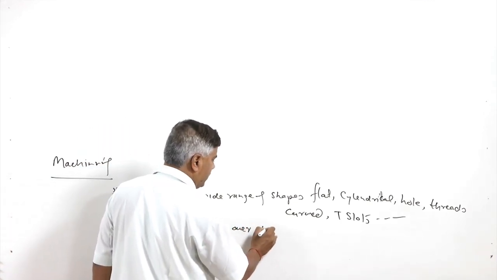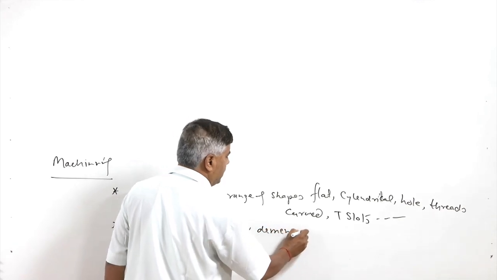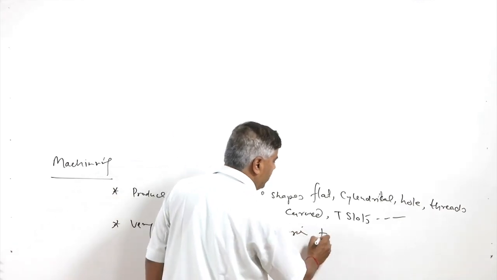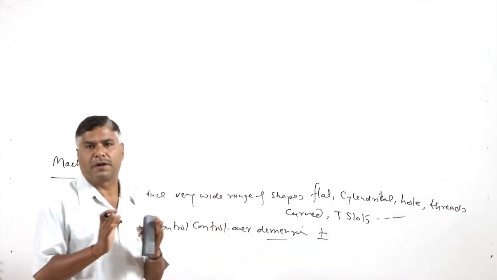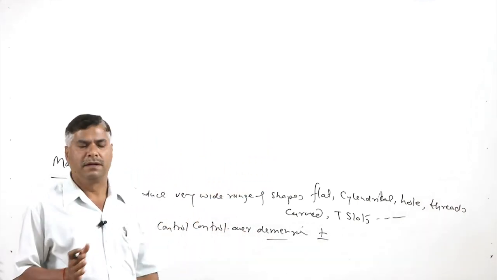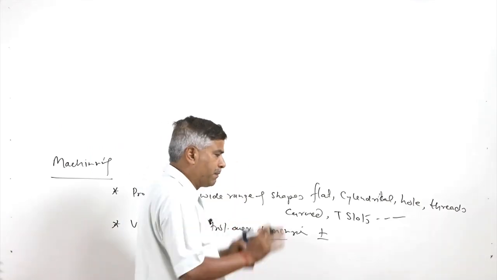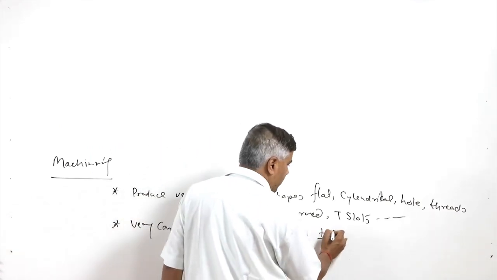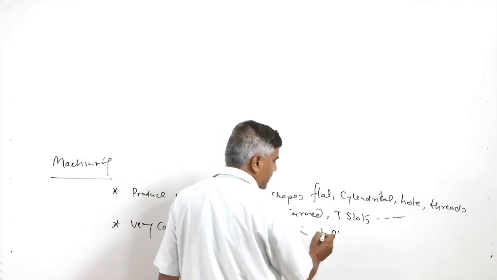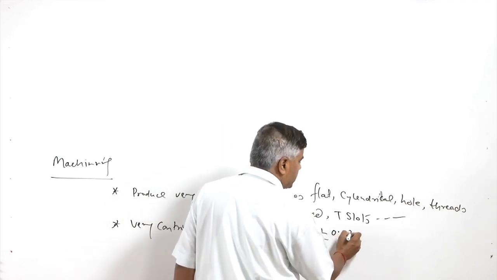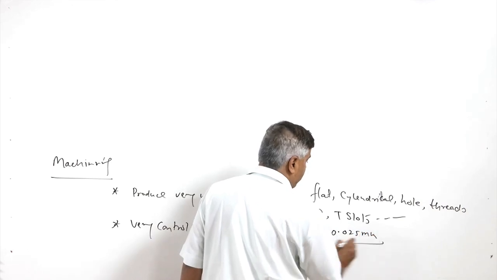Control over the dimensions can be realized using proper control over the process parameters like speed, feed, depth of cut, and proper machines, which can help us achieve a dimensional tolerance as low as 0.025 mm.